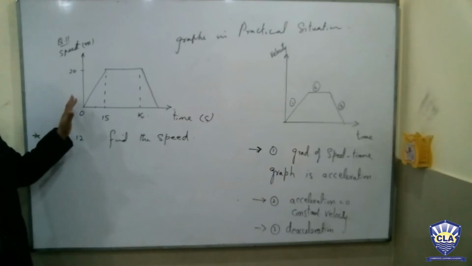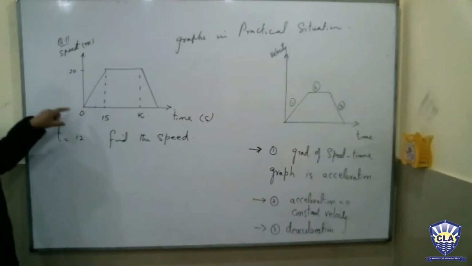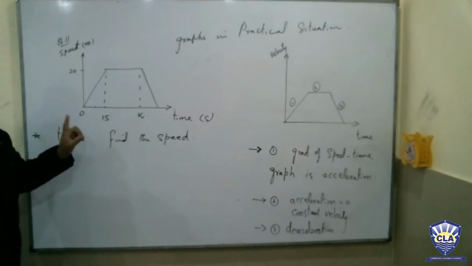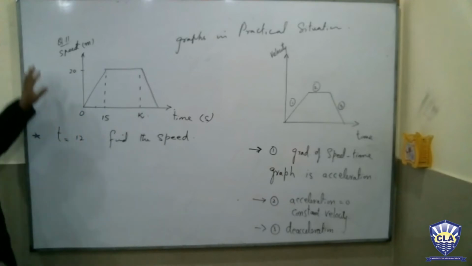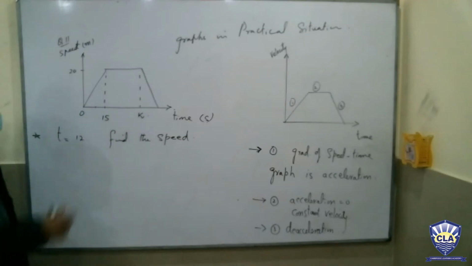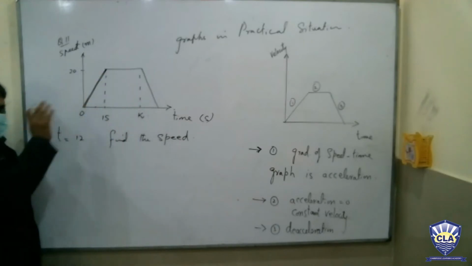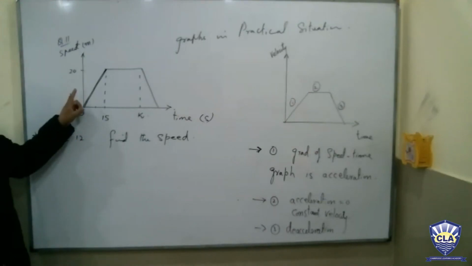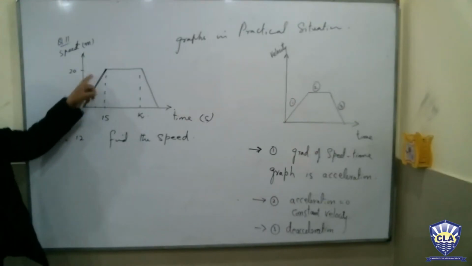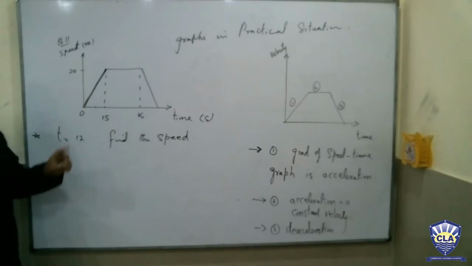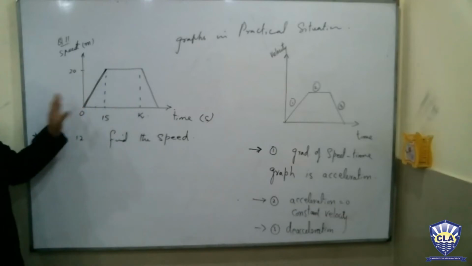Look at this question. Acceleration is constant. In a speed time graph, the gradient is called acceleration. It is a straight line. So the gradient of the line is constant. It means the acceleration is constant. So what is the gradient of this line?